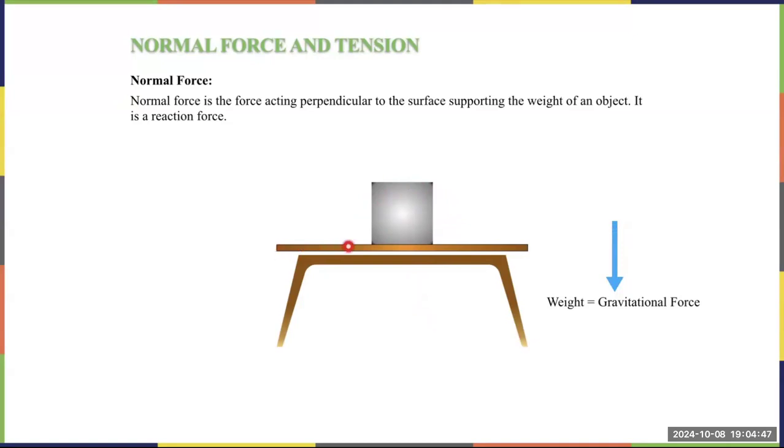The table. This surface is providing a normal force which is against the gravity. This normal force is the reaction force acting against the gravity. Now, if this normal force is equal to the force due to gravity, it will stay in an equilibrium state. So it will not move.